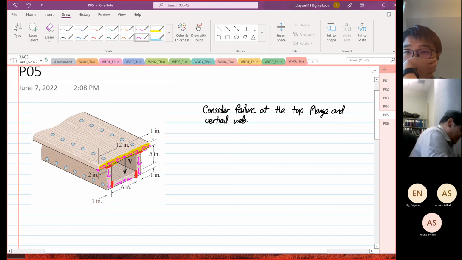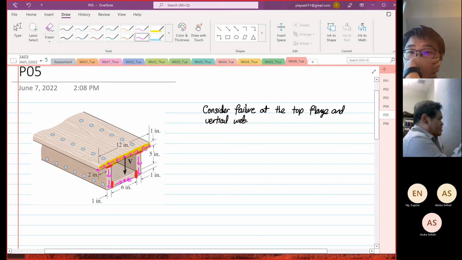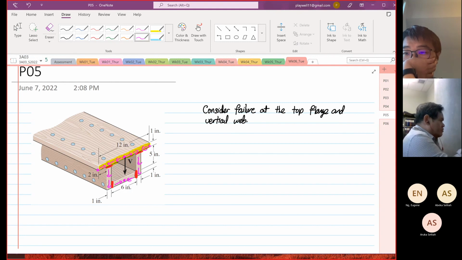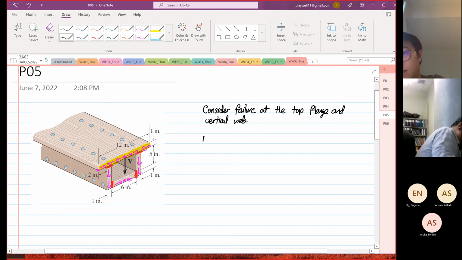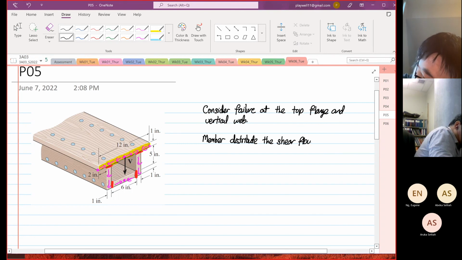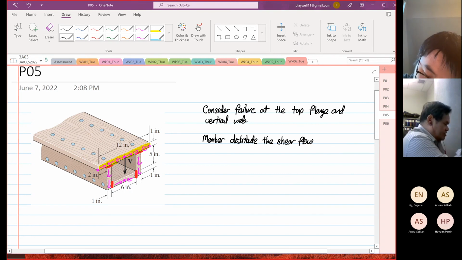The top part is very unique. For this case, the number one thing to remember is the member distributes the shear flow. It distributes the shear flow, so you just need to remember that.